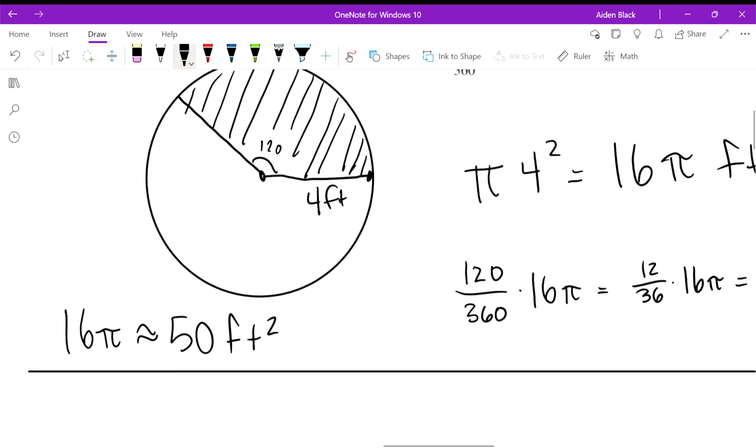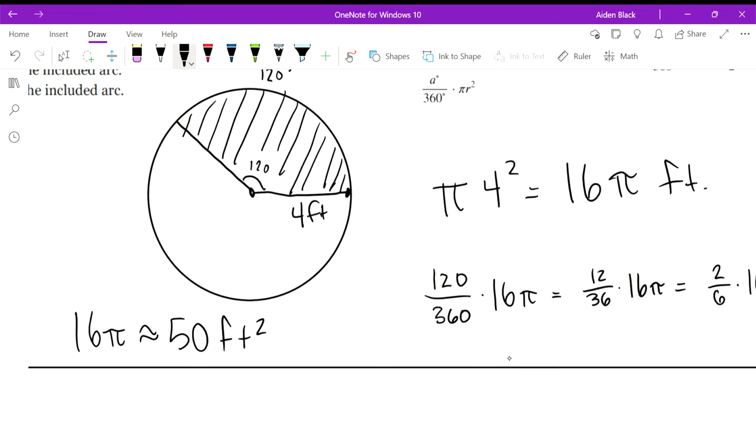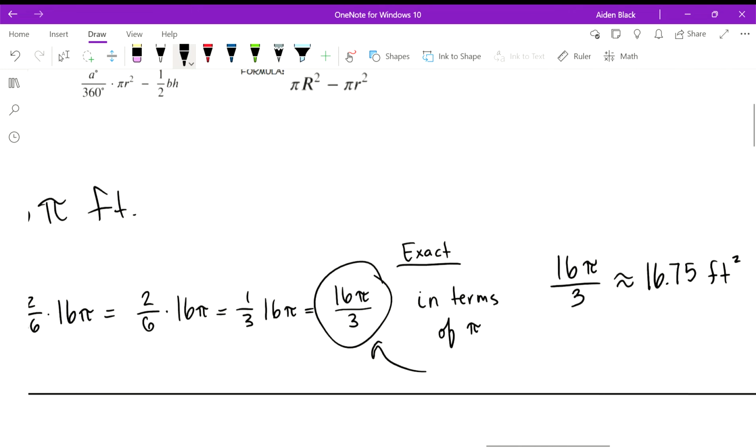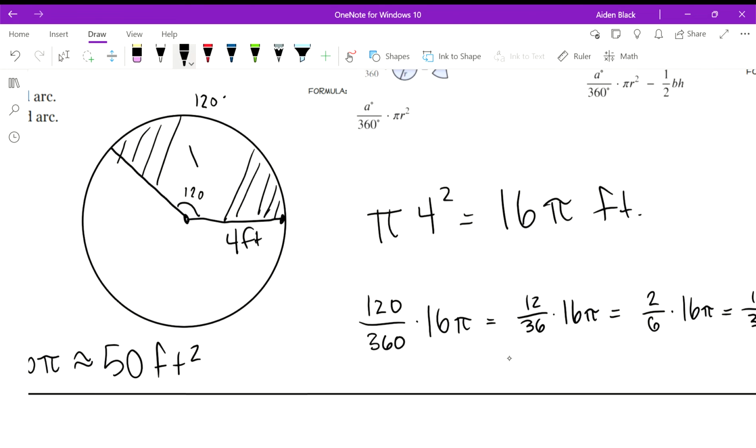And you say, oh, well, let's just take 120 degrees out of it. We're taking actually 1/3 of that. So it seems reasonable that you would end up with 16.75 if the entire circle was 50. That's a reasonable answer. Always double check that, okay?